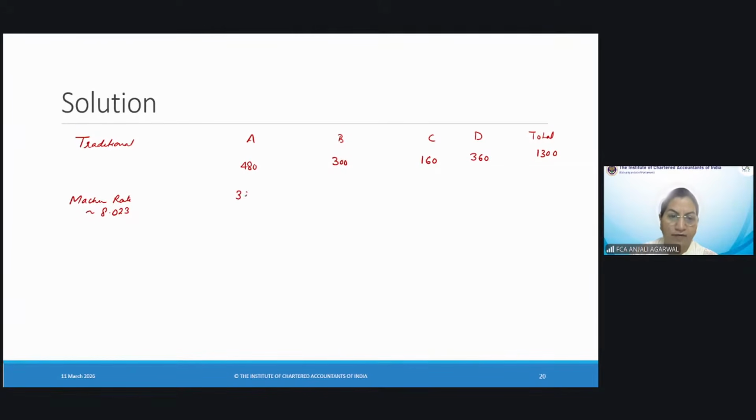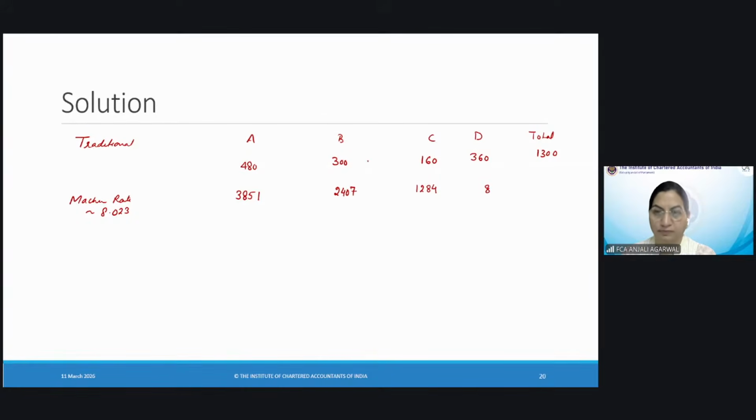It is 3851, then 8.023 into 300 is 2407. All these are rounded off figures. 1284. Now I see here 7 and 1, 8, 8 and 4, 12.